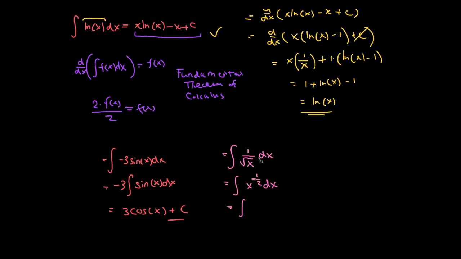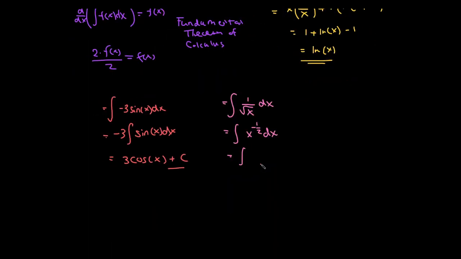And then we can just apply the polynomial rule, where we divide by the new power. So the new power will be negative a half plus 1, which will be just a half. So we have to divide by a half, and then multiply by x to the power of the new power, right? Add on c. Now 1 divided by a half, that's 2. X to the power of a half, that's square root x, and onto that c like that.